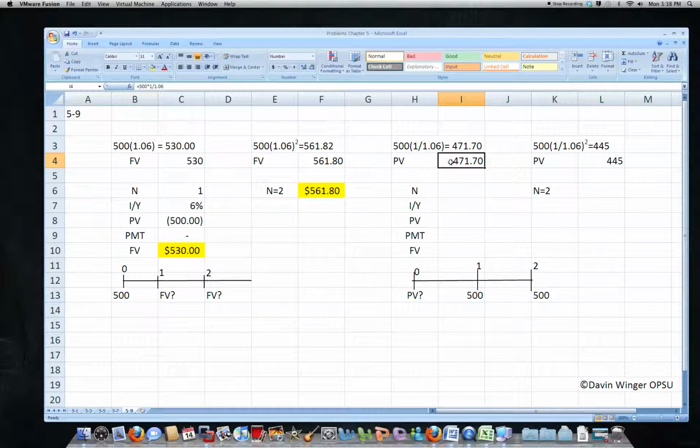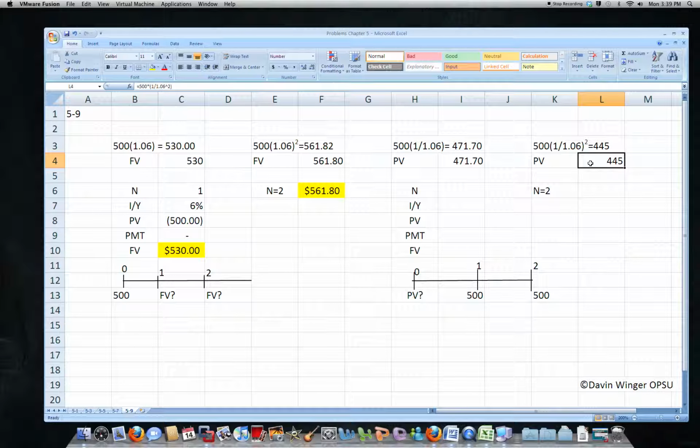We can write this as a formula in our spreadsheet, saying equals 500 times 1 divided by 1.06, equals 471.70. For 2 years, it would be 500 times 1 divided by 1.06 to the second power, equals 445.